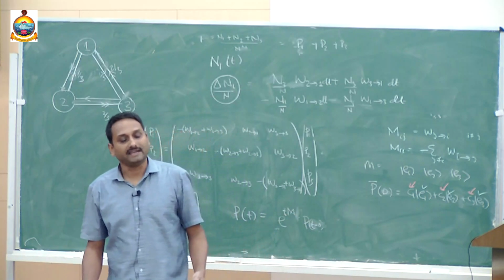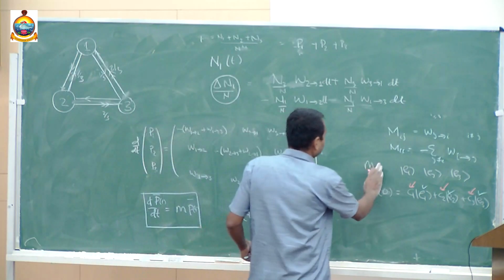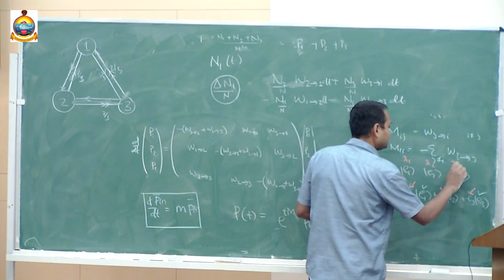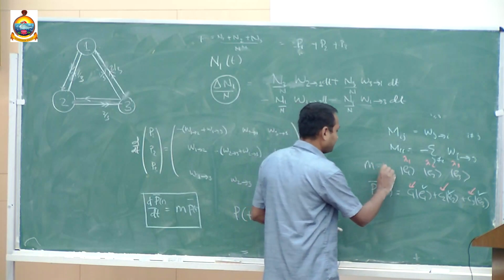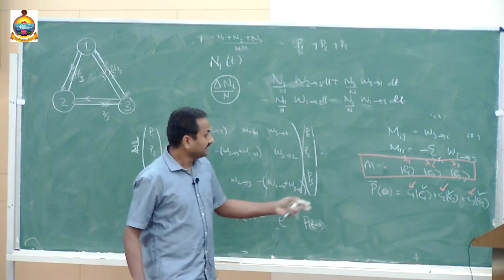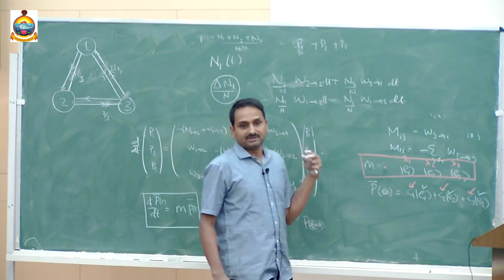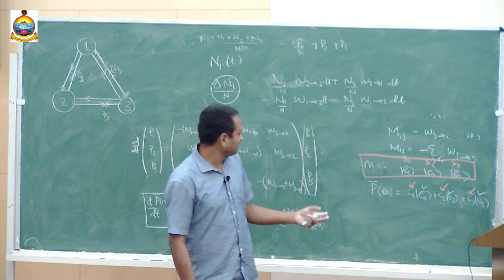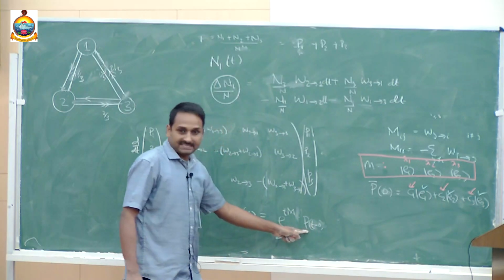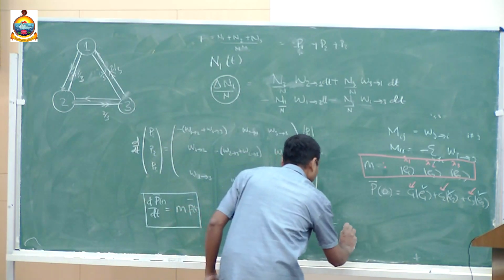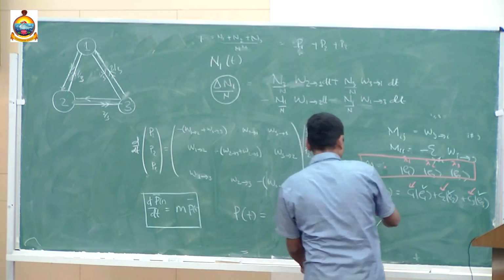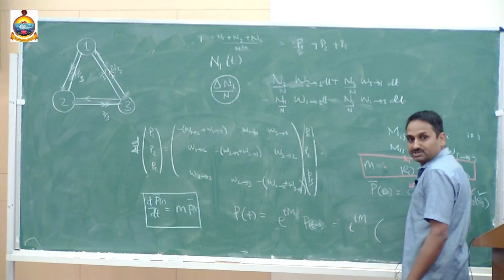E1, E2, E3 are the eigenvectors of M, with eigenvalues lambda 1, lambda 2, lambda 3. M gives you these eigenvectors and eigenvalues, since M is known when you define the problem. So once you find c1, c2, c3, you put it here: e to the power tM times p0, but M operating on E1 just gives lambda 1.